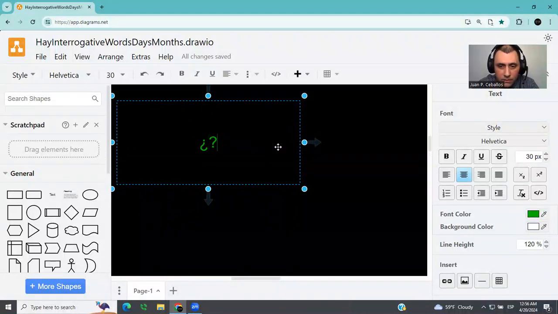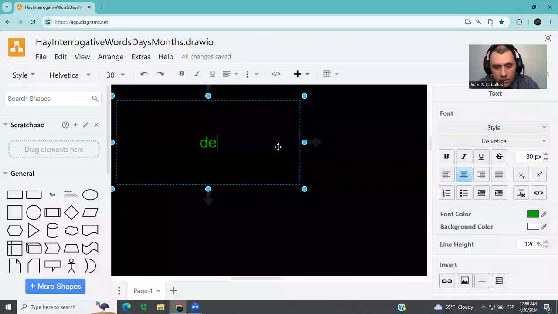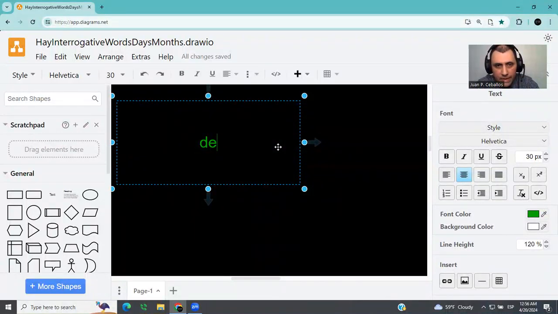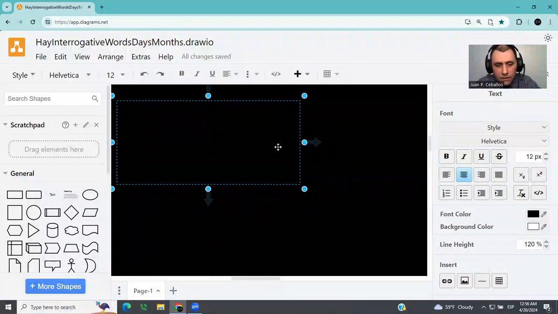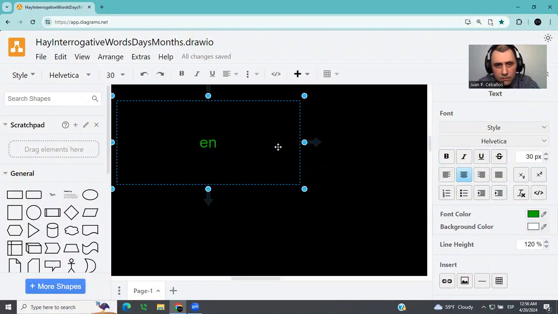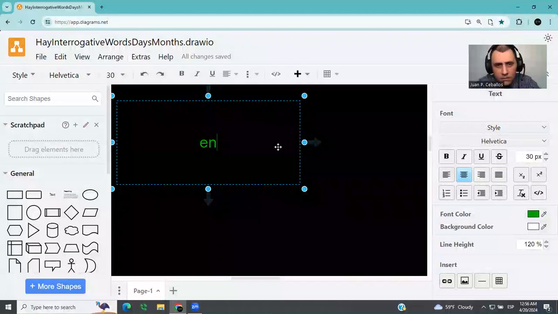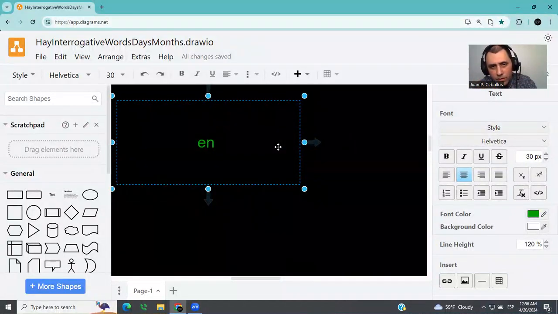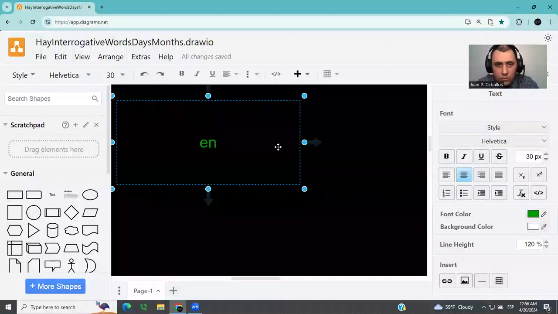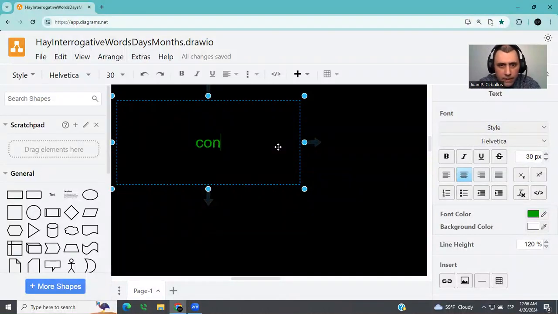Remember that de can mean from or of, and en, as we saw, can mean many things, and can be in, at, on. And con can mean with.